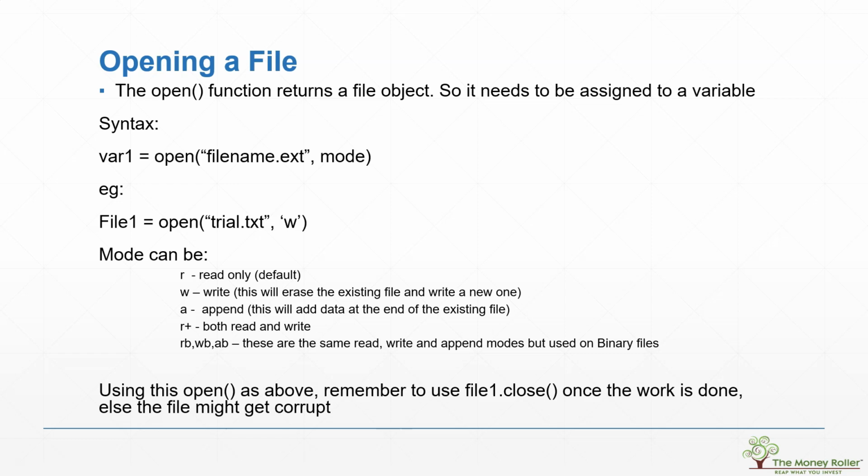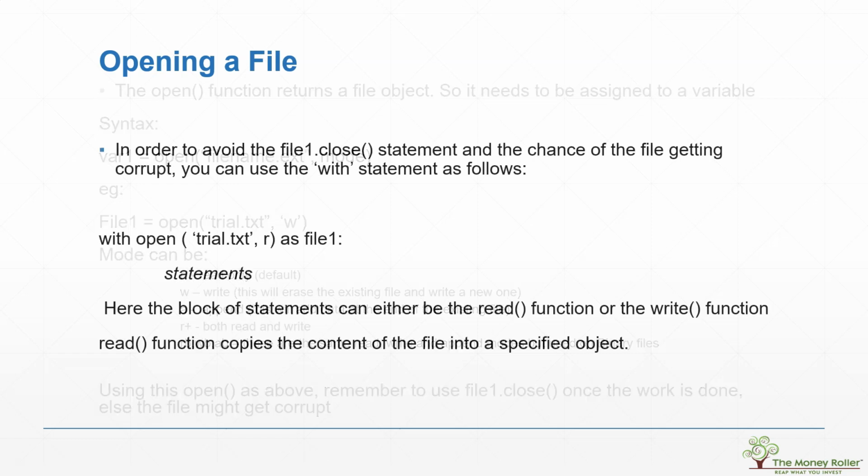Okay, and then you can do all of this on a binary file, a .bin binary file. You must have seen these files, right? And for doing read only, write only, and append on a binary file, you have to put RB as your mode or WB as your mode and AB as your mode. Okay, so this is a little bit about how to open a file.